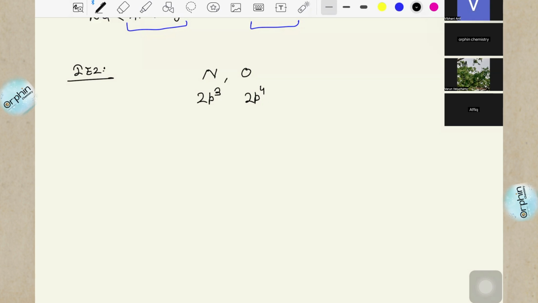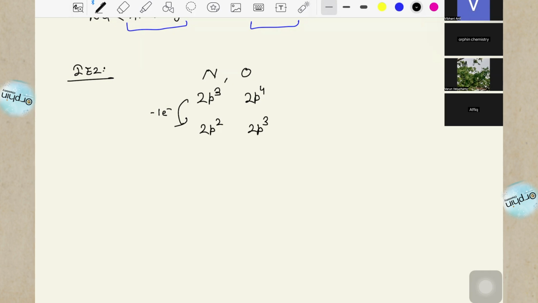We have to compare IE2. So what to do now? You just remove one more electron. Then it will become 2p2 and 2p3. Now the electron removal will be the second electron. So this is the configuration from where we have to compare, right?